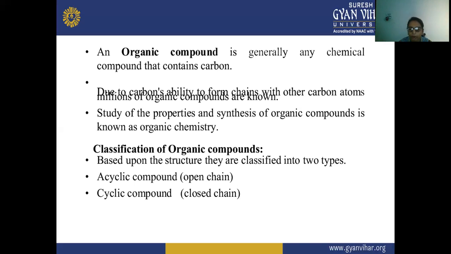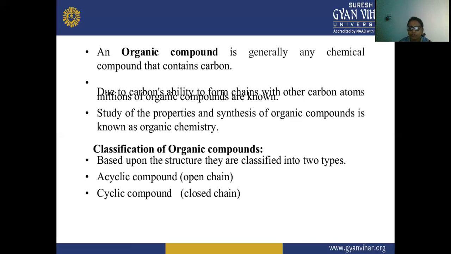An organic compound is generally any chemical compound that contains carbon. The classification of organic compounds is based upon their structure, that is, what the structure of the organic compound is. They are classified into two types: one is the acyclic compound and the second is the closed compound, or you can say the cyclic compound.